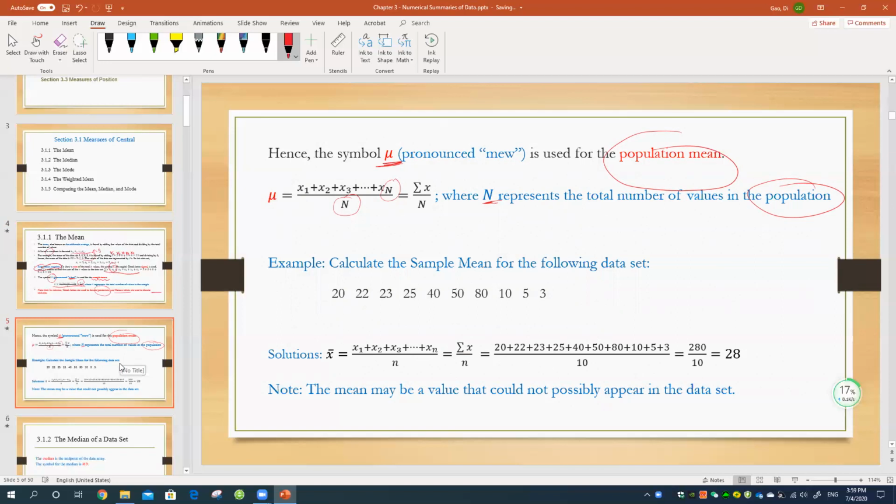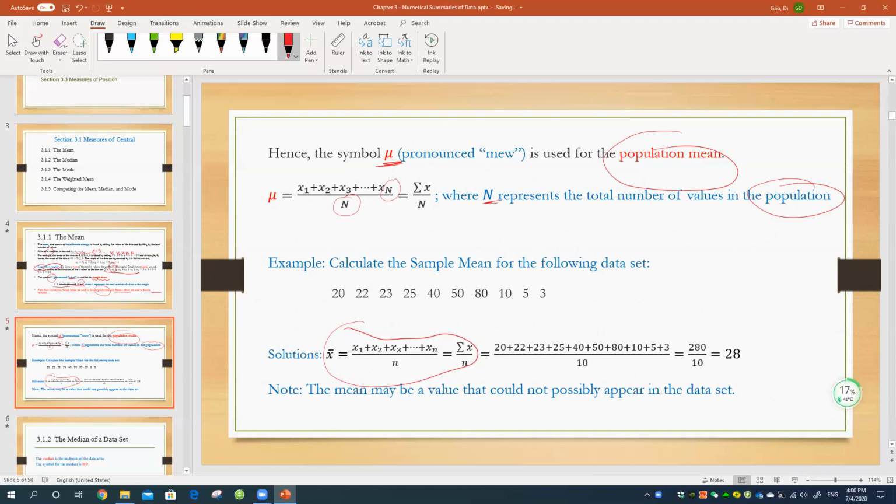Now let's look at the example. So we're going to calculate the sample mean for the following data set. We have 20, 22, 23, 25, 40, 50, 80, 10, 5, and 3. So the solution is going to be just write down the formula. So always write down the formula so that you don't make a mistake. So x bar equals everything add up together.